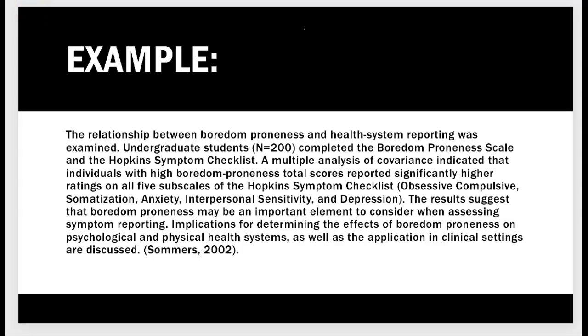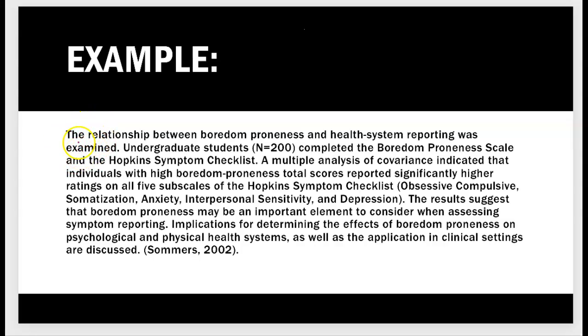So I want to give a little bit of an example of an informative abstract. Give me just a second. I won't bore you to tears and read the whole thing, but I want to point out the key elements. So remember, for an informative abstract, you want to give a description of the study. And my first sentence does that. The relationship between boredom proneness and health symptom reporting was examined.